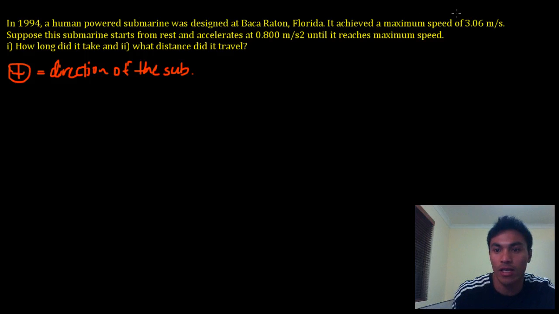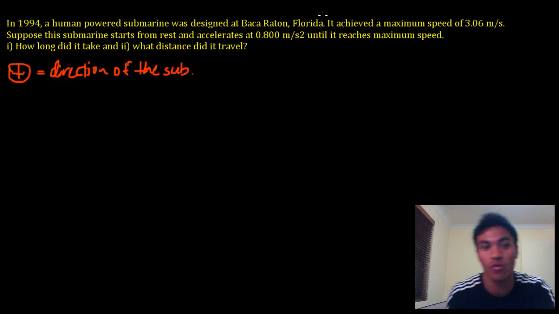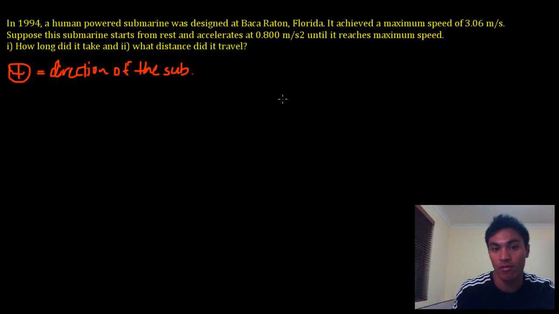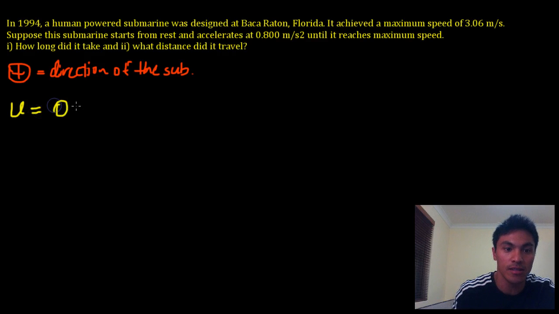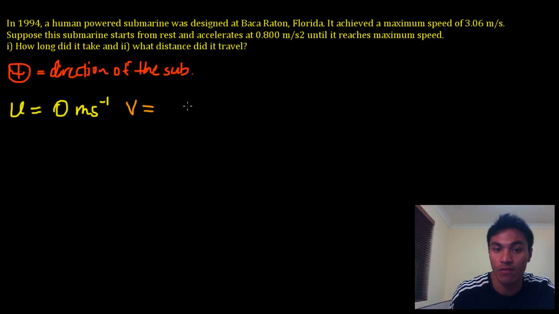First off, we're told that the max speed is 3.06. From the problem itself, it's going to reach the maximum speed, and we want to know how long it'll take to get from 0 to its maximum speed. So we know that our u, our initial velocity, is 0 meters per second. And our final velocity, v, remember those notations, is 3.06 meters per second.